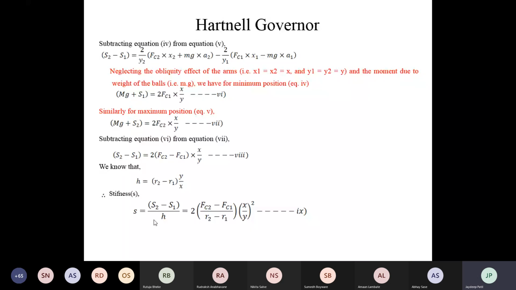Okay, now in this Hartnell governor, you have to find out net load per unit deflection. Means you have to find out the stiffness here. How to find the net load? S2 minus S1. S2 is the spring force exerted on the sleeve at maximum speed, and S1 is the spring force exerted on the sleeve at minimum speed, and H is the deflection of the spring. The deflection of the spring you have to find out by using the formula R2 minus R1 into Y by X. Now tell me what is this Y and X?